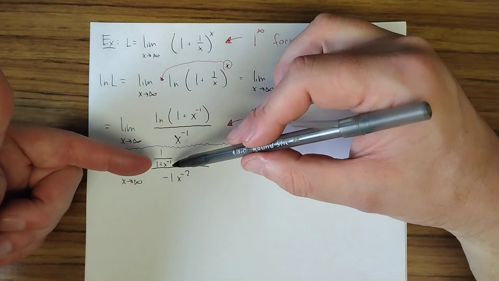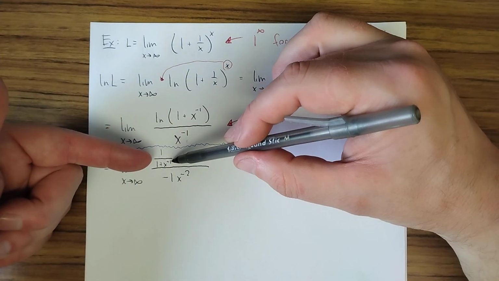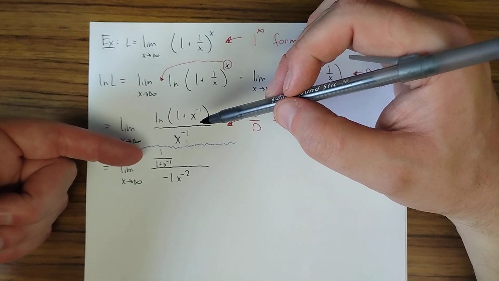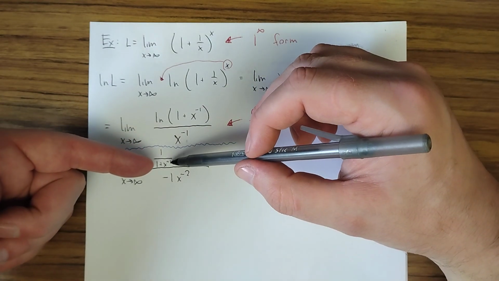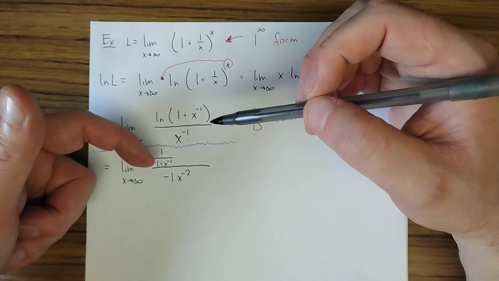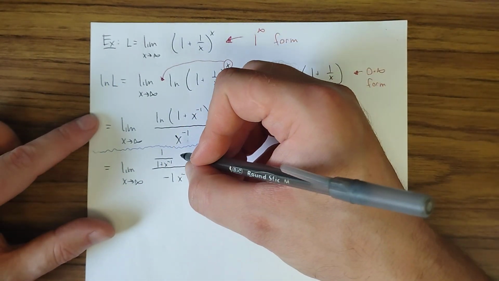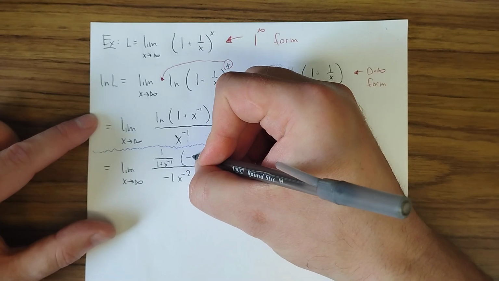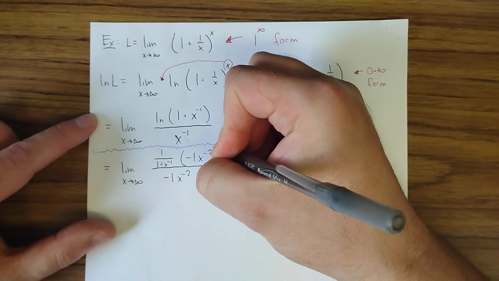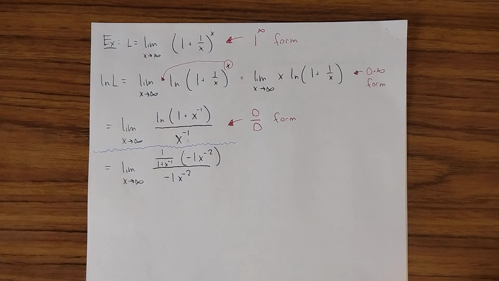What was I doing? I was doing the chain rule. So this turns into this, but I need to multiply by the derivative of the inside. So I multiply by the derivative of 1 plus x to the minus 1. This 1 just disappears when I do the derivative, and the derivative of x to the minus 1 is minus 1 x to the minus 2. So I'm there.